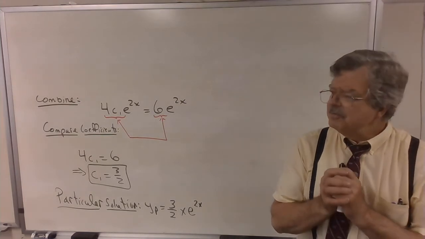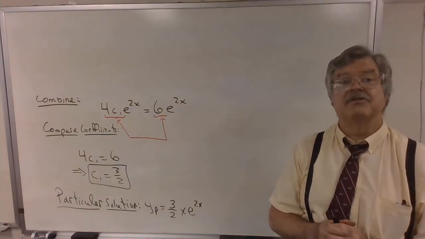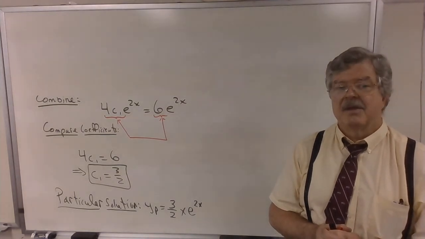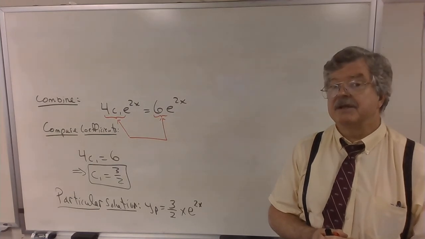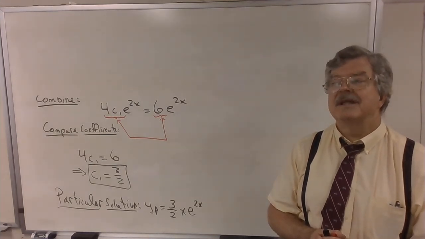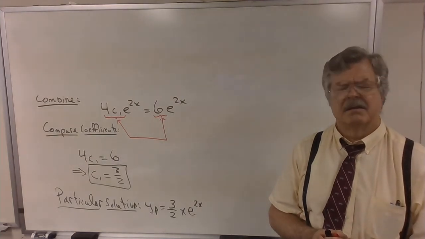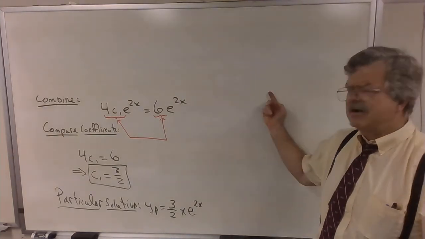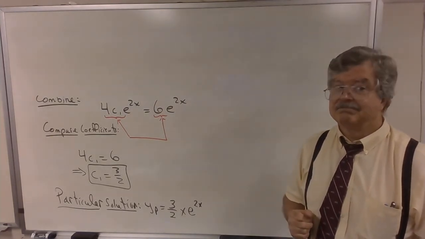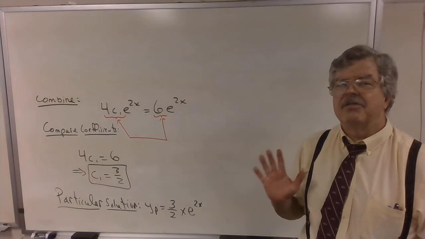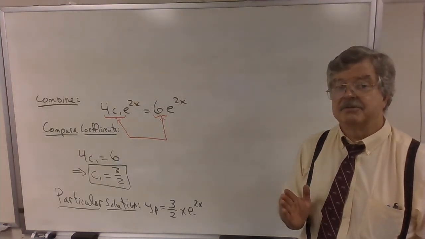But since we computed the complementary solution first, when we proposed to have the particular solution be c1 e to the 2x, we stopped and said, wait a minute, that's part of our complementary solution. Something's wrong there. So that's why we always want to compute the complementary solution first.